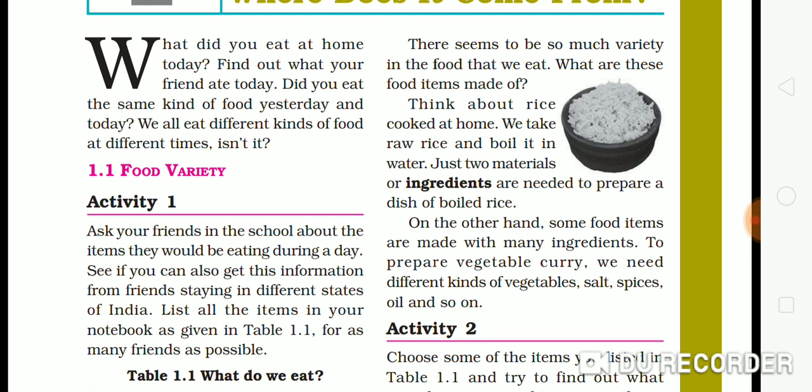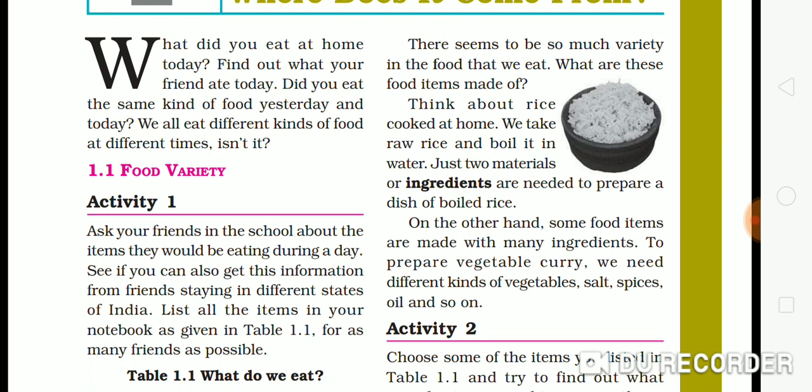You need a salt, turmeric means haldi, and then you can cook a dal. So, bacha, these all are the ingredients basically, which are required to prepare your food, which is required to prepare your meal.